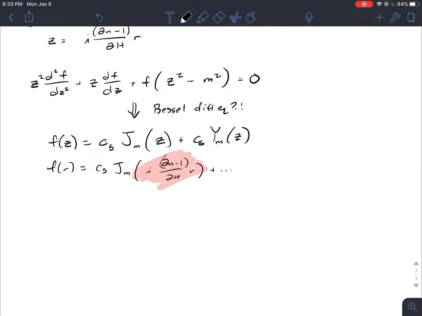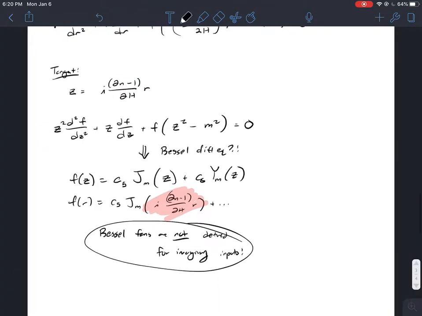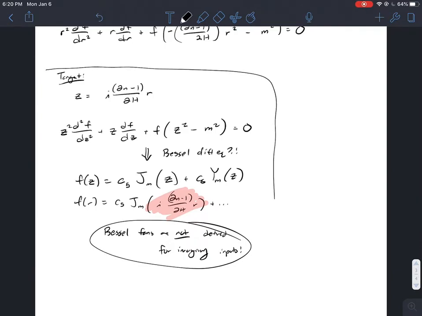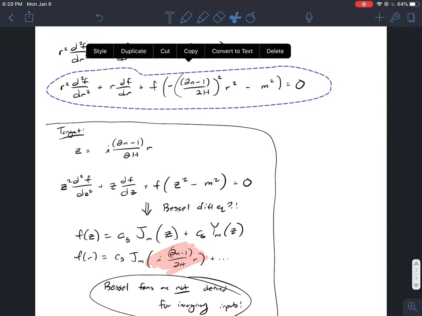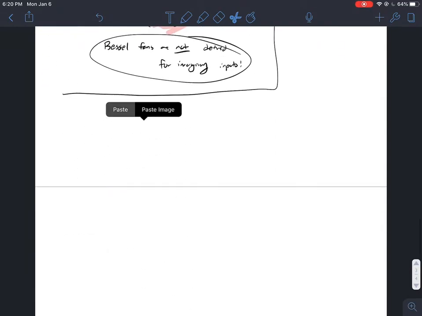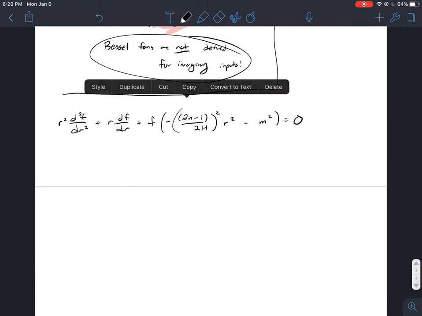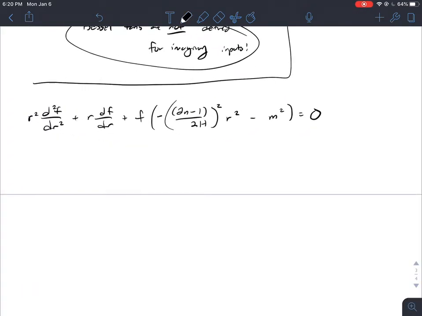And this is where modified Bessel functions come in. Bessel functions are not defined for imaginary inputs. Okay? So this is why we can't go about this in a normal Bessel's differential equation way, right? We have to do a slightly different substitution as opposed to the one that makes us go into the imaginary plane.